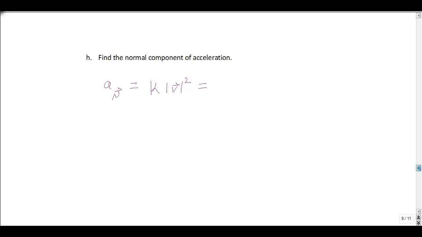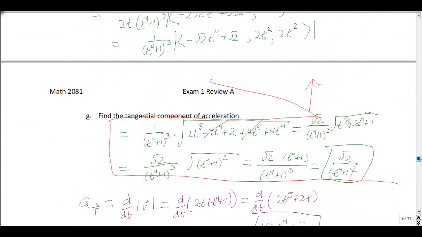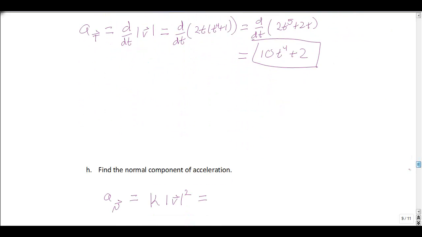So if you use this formula, we have to go find our curvature, calculated here, that's square root 2 over t to the 4th plus 1 squared, times the speed squared. So the speed was 2t times t to the 4th plus 1, and then we have to square that.